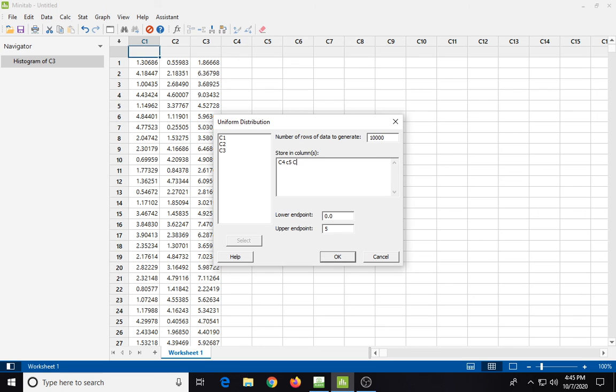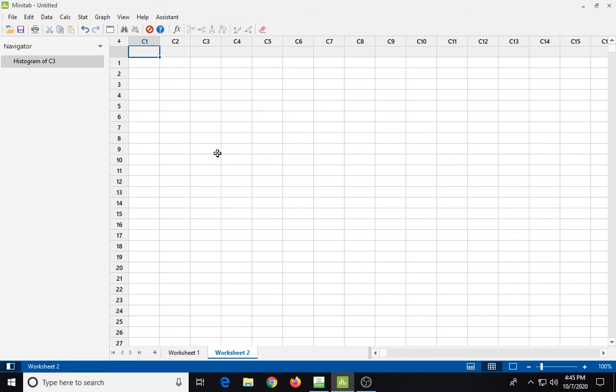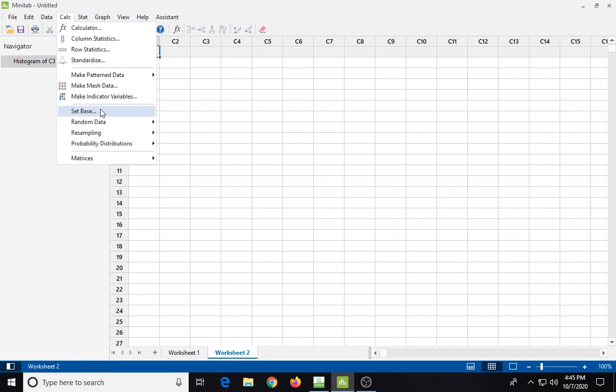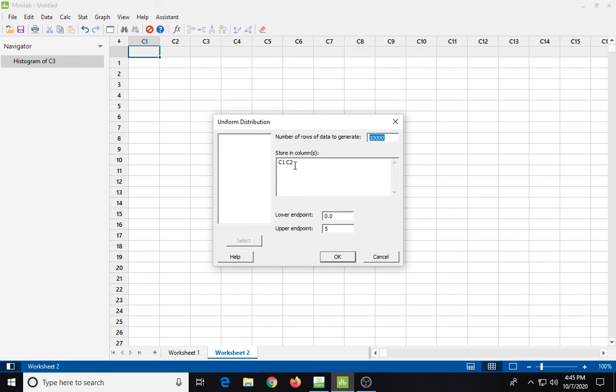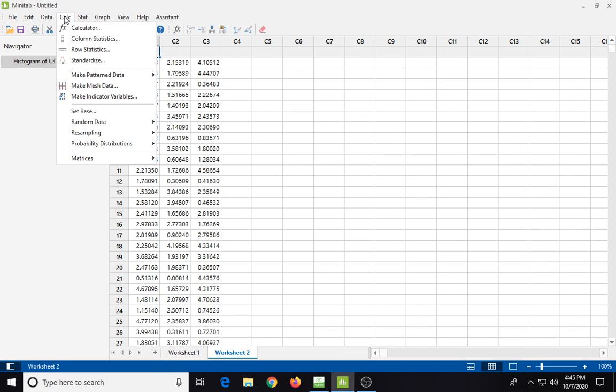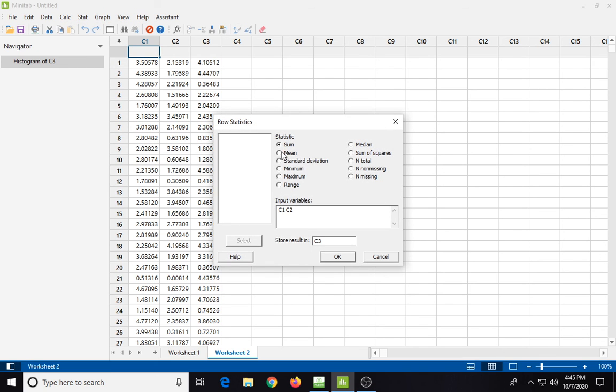Actually, let's do a whole other worksheet. Again, we're going to make some random data from the uniform distribution, 10,000, stored in columns C1, C2, and C3 this time. Then I'm going to do some row statistics, and this time I'm going to do the mean of my input variables C1, C2, and C3.